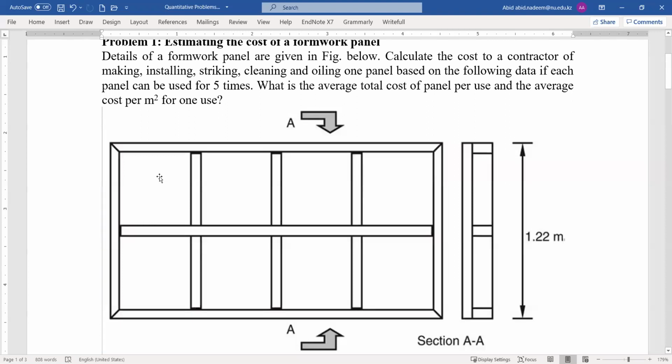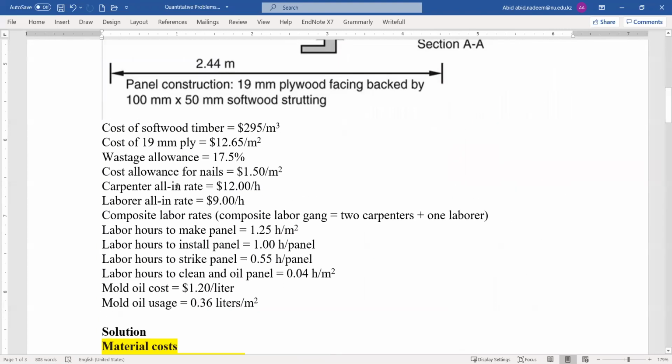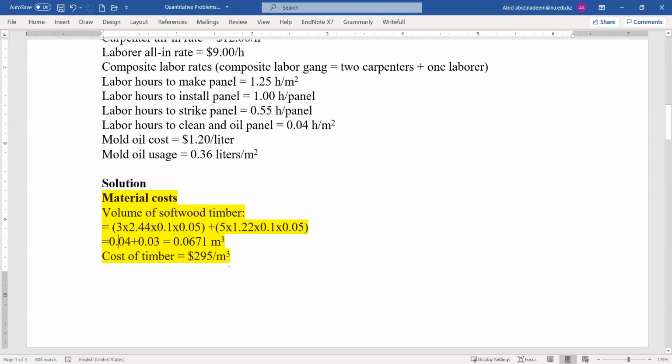Okay. However, the difference will generally be very small in this case. So that's why for this particular example, I have neglected this.